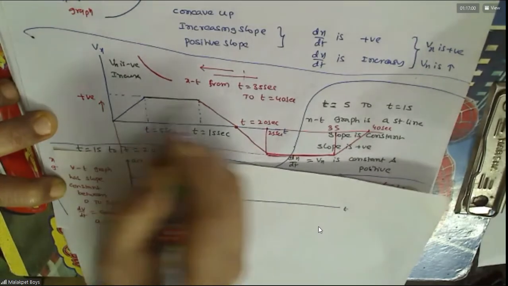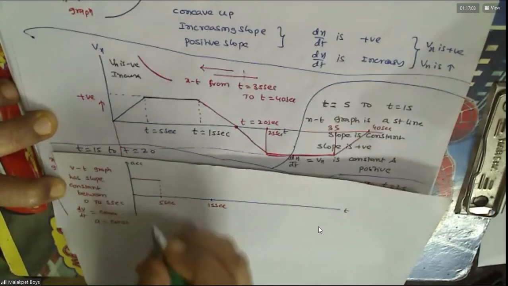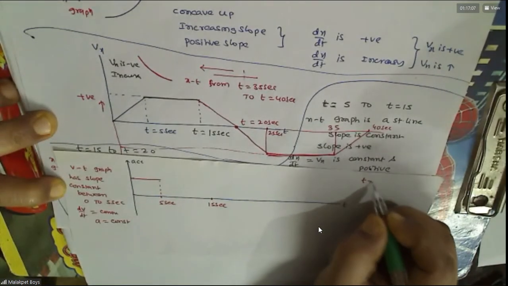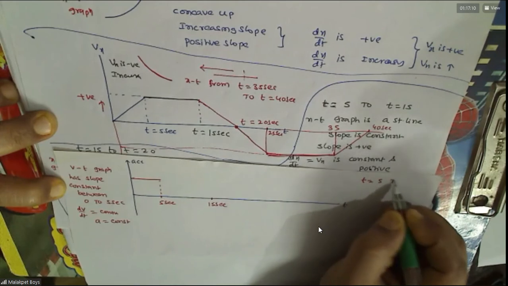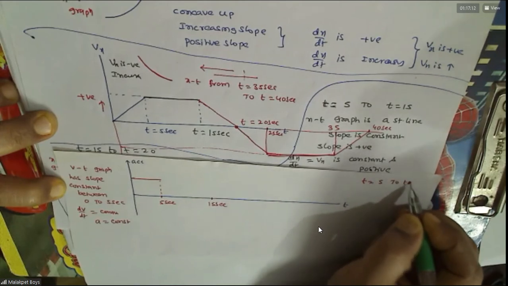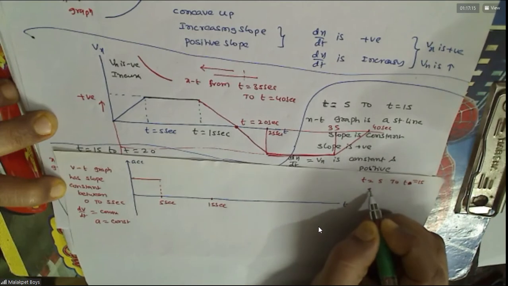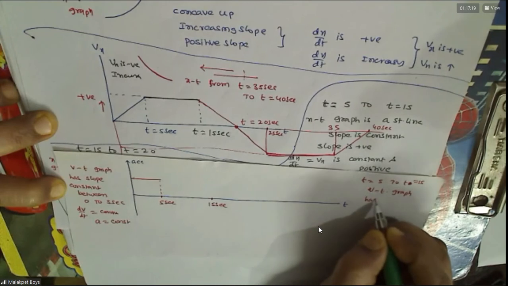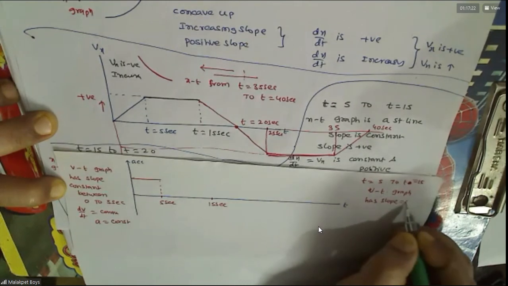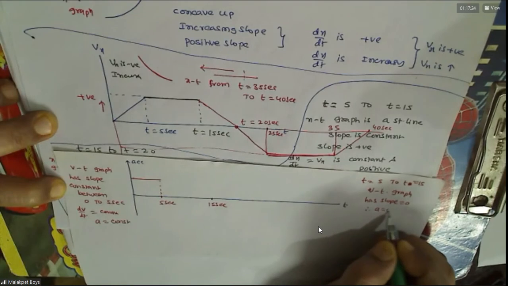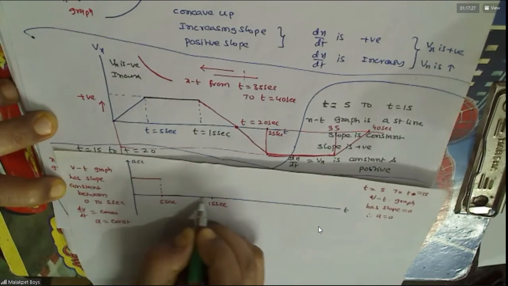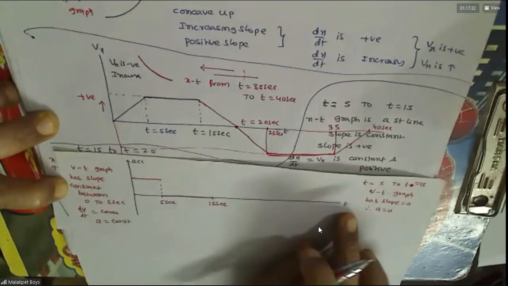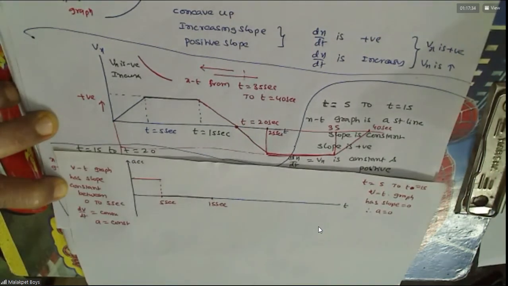Slope is 0. From t equals 5 to t equals 15, the vt graph has slope 0, no? Therefore, acceleration will be 0. That means it will be on the time axis. All points on the time axis have acceleration 0. Do you agree with this?